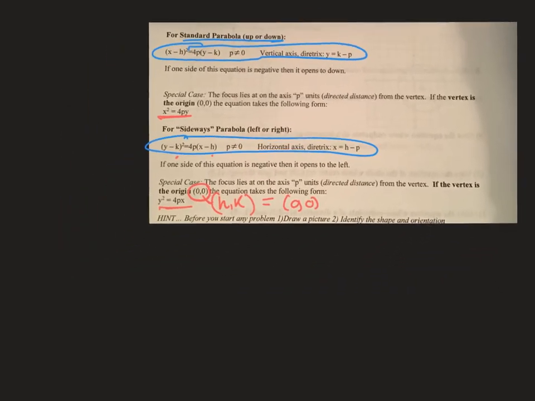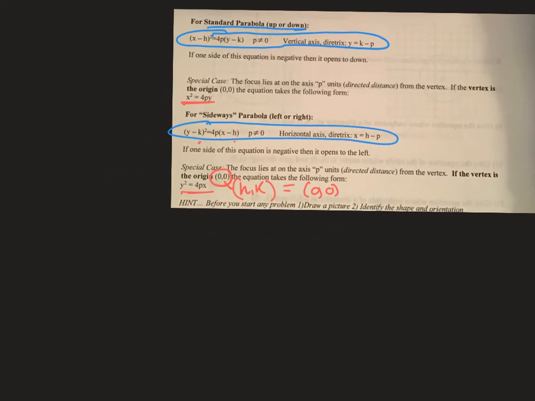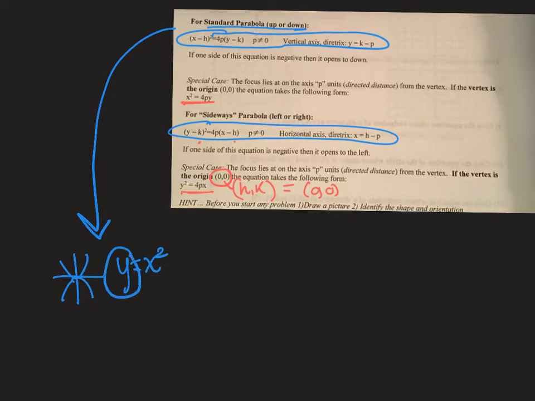For this top one, I'm just going to give you some hints on how I remember it. You're used to vertical parabolas, ones that go up and down. They always said y equals x squared. So the thing that's not squared is the direction that I go. So the y is not squared, so on this one, I go up and down.